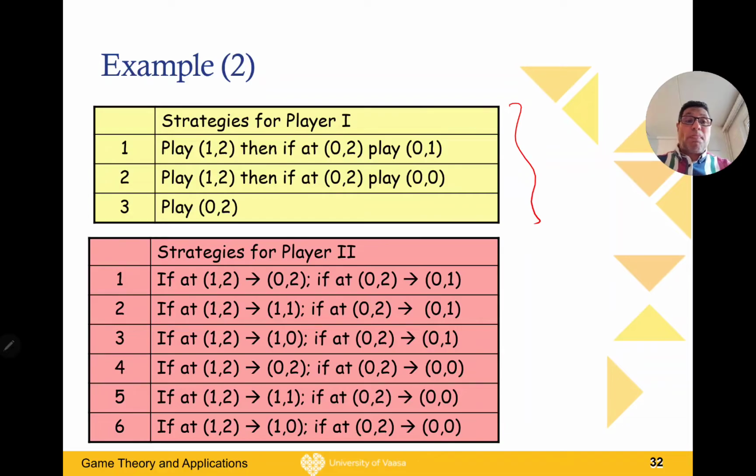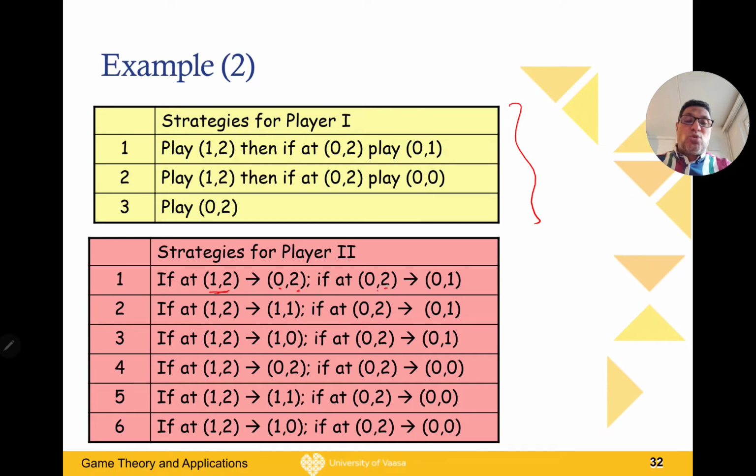You can also study them yourself from the slides. So these are the strategies for player 1: play 1-2, then if at 0-2 play 0-1, play 1-2, if at 0-2. As I said, you put all possibilities, either player wins or loses. Strategies for player 2: they put all strategies, that if they are at 1-2, then they can play 0-2.